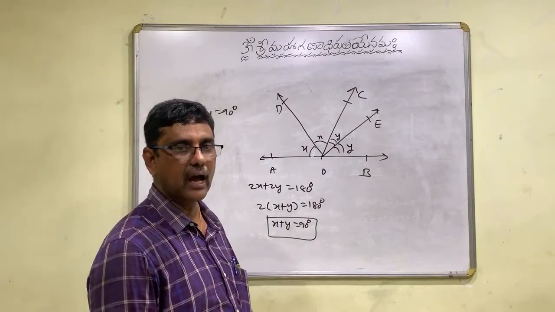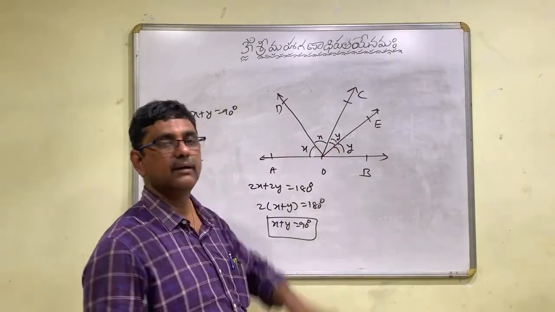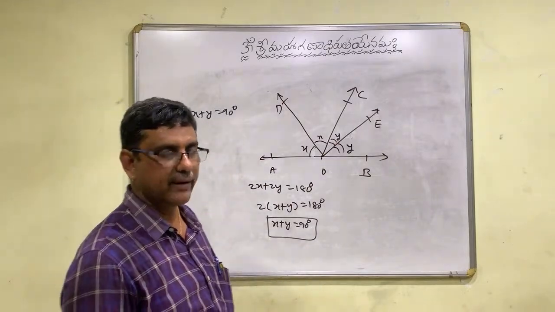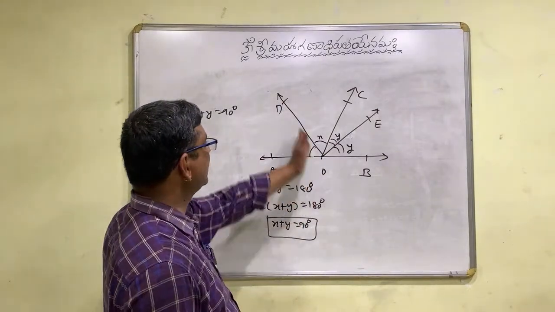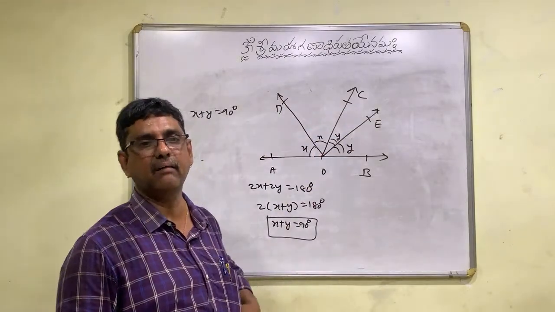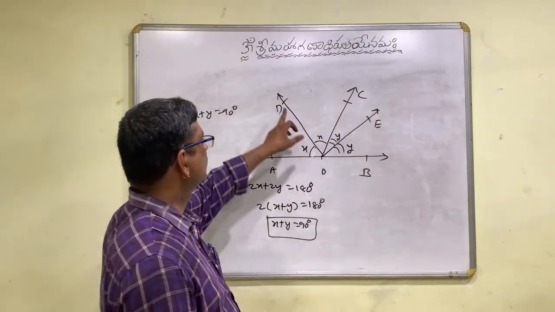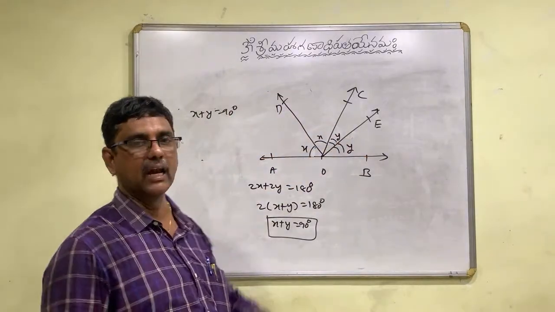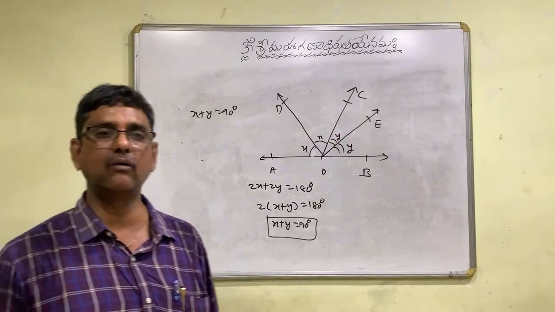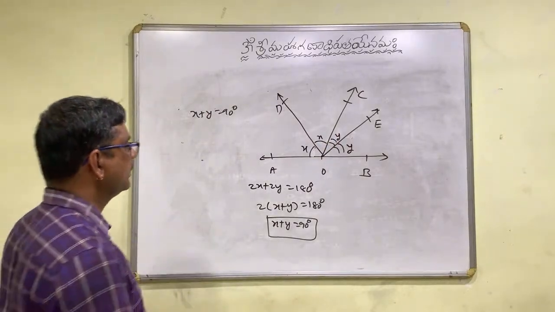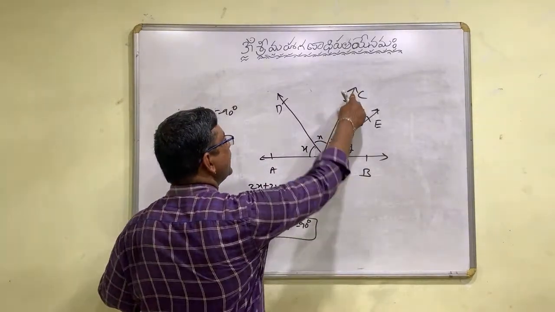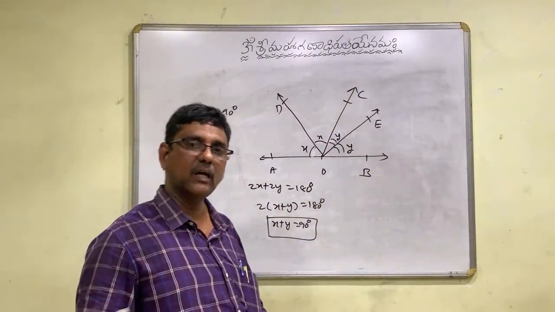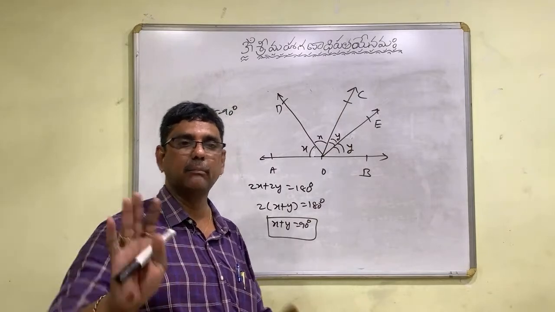So if we draw the bisectors of adjacent linear pair of angles, then the angle between those two bisectors is a right angle. That is what we have to observe. Here, AOC, BOC are adjacent angles, not only adjacent, they are a linear pair of angles.